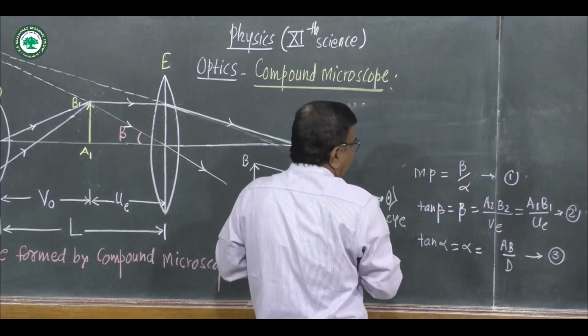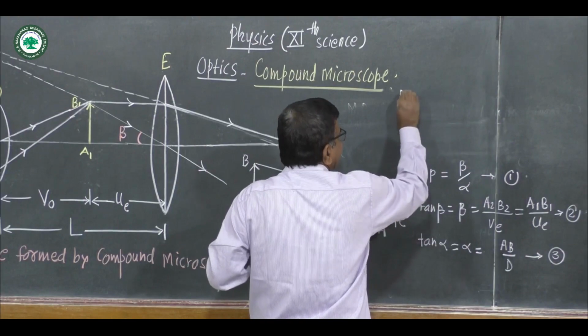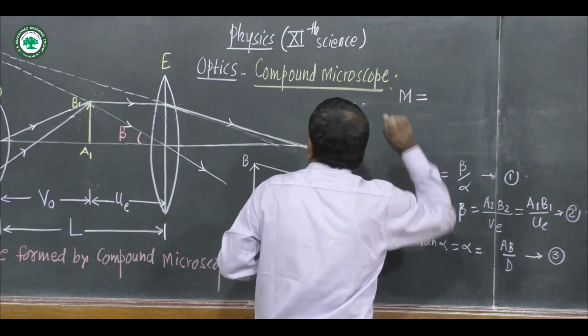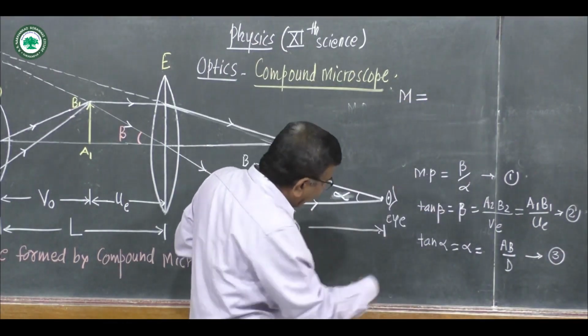magnifying power or magnification M is beta upon alpha.